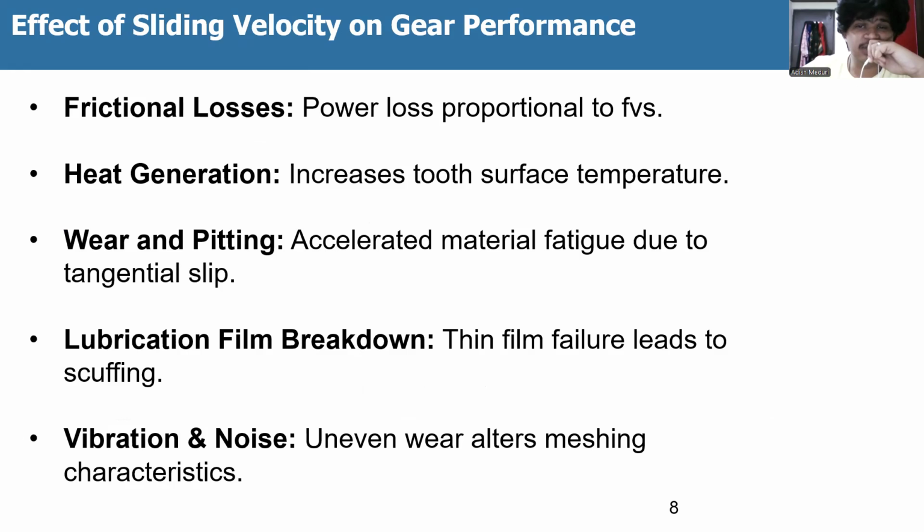Effects of sliding velocity on gear performance. Frictional losses: power loss is proportional to F times Vs. Heat generation increases tooth surface temperature. Wear and pitting means accelerated material fatigue due to tangential slip.